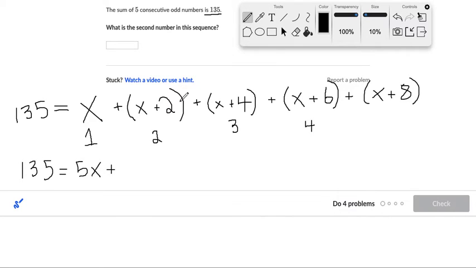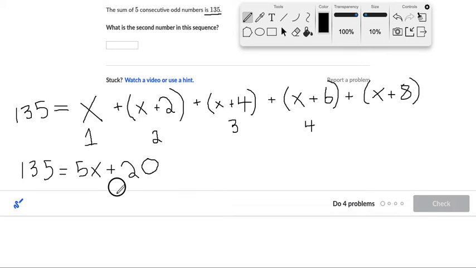And then I just have to look at all my constant terms. So 2 plus 4 is 6, plus 6 is 12, plus 8 is 20. And then look at that. I have myself a nice two-step equation. I can solve for x.